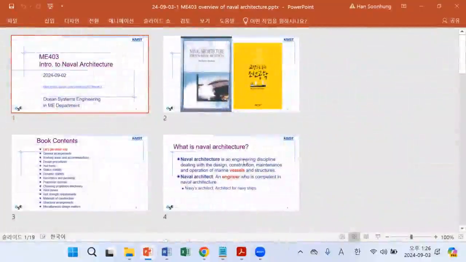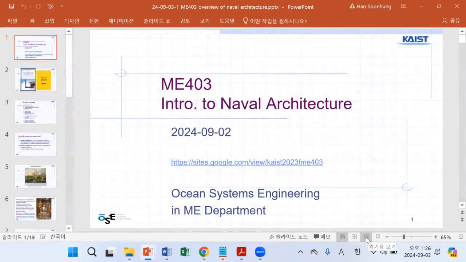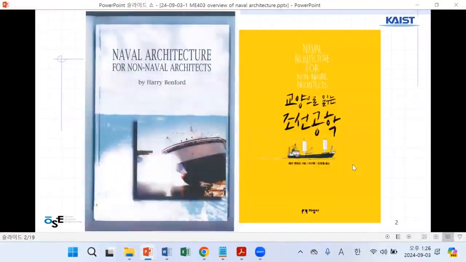Overview. Okay. So this is an overview of the first textbook. So we will see in later stage more details. This is just overview.